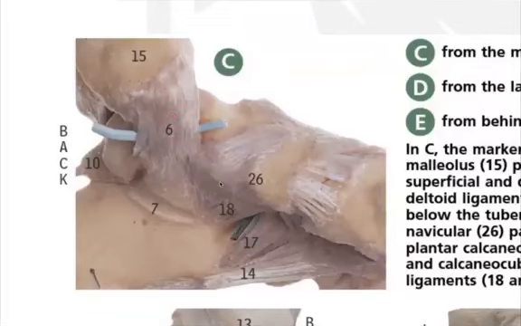Okay. About the deltoid ligament, what are the things you have to know? You have to know about the attachment of the deltoid ligament. Superiorly, it will be attaching with the medial malleolus. Next, below it will be having an attachment with the sustentaculum tali.